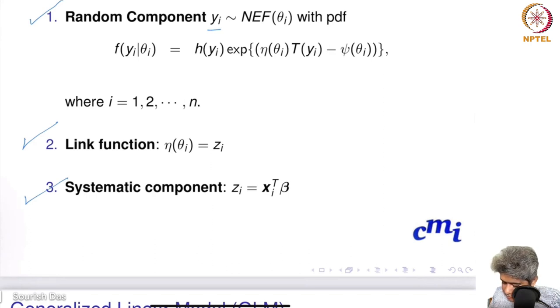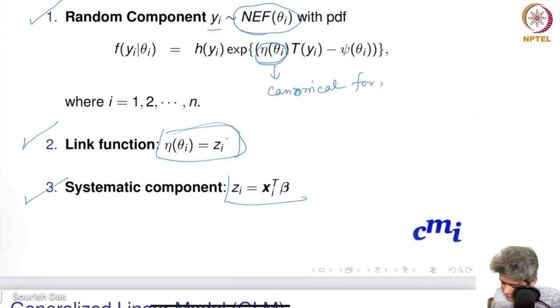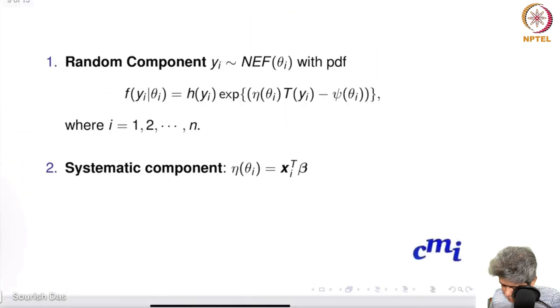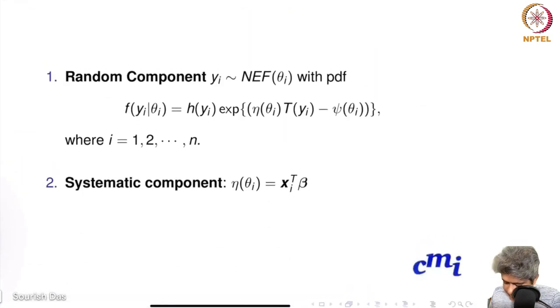So yi follows some distribution from the natural exponential family, and for the link function, this eta of theta_i is typically called the canonical form: eta of theta_i equal to zi, and zi equal to xi transpose beta. That's how we write the generalized linear model. And sometimes we simply write it as eta equal to xi transpose beta.